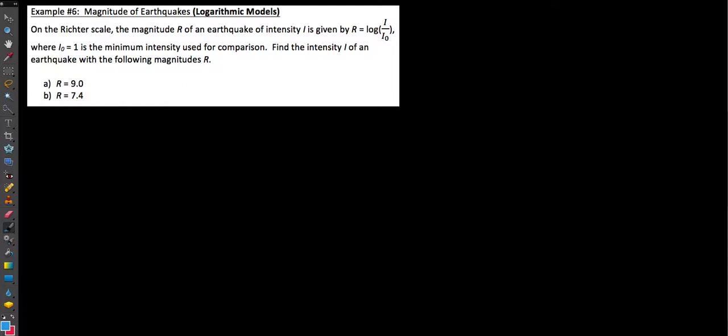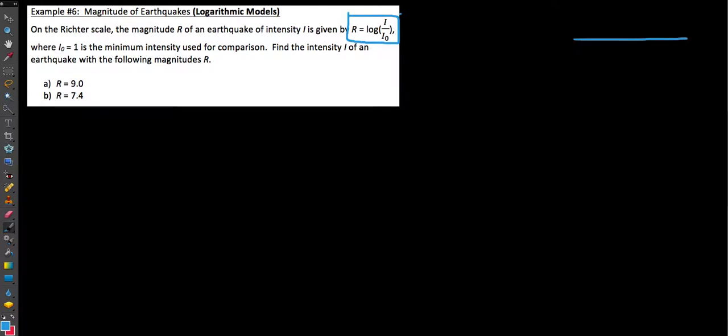It says find the intensity I of an earthquake with the following magnitudes R. So we're actually given the model here. Our two variables are R and I, where R is our magnitude and I is our intensity.